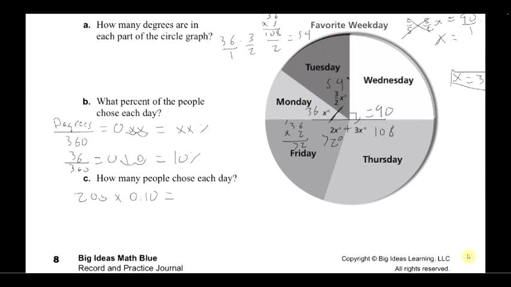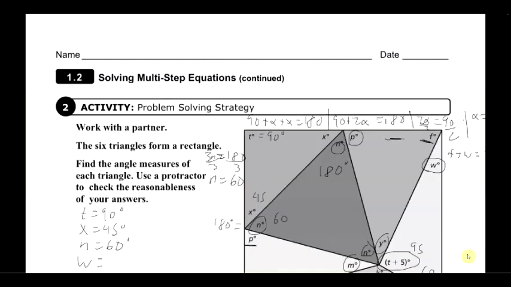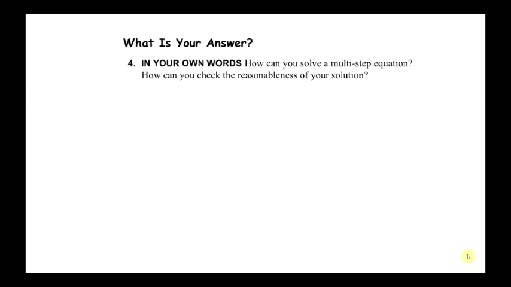And that will equal how many people? In this case, 200 times 10% would be 20. So 20 people chose Monday as their favorite weekday. Yippee-yi-yay. So under Monday people, put 20. Please fill out the rest of your chart using those nifty equations.